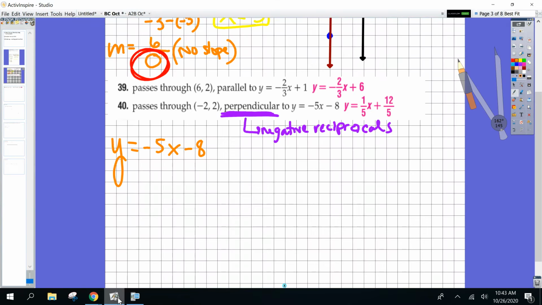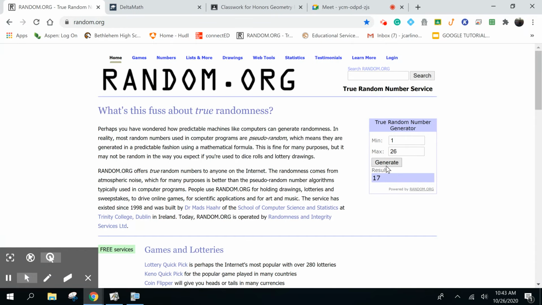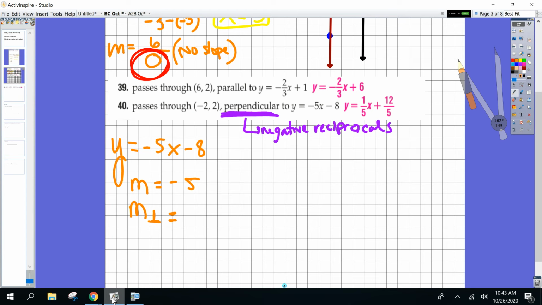What's the slope of my line right here? -5. Thank you. So somebody else, what should be the slope of my perpendicular line? 17 in the house. 1/5. Positive 1/5. Awesome.